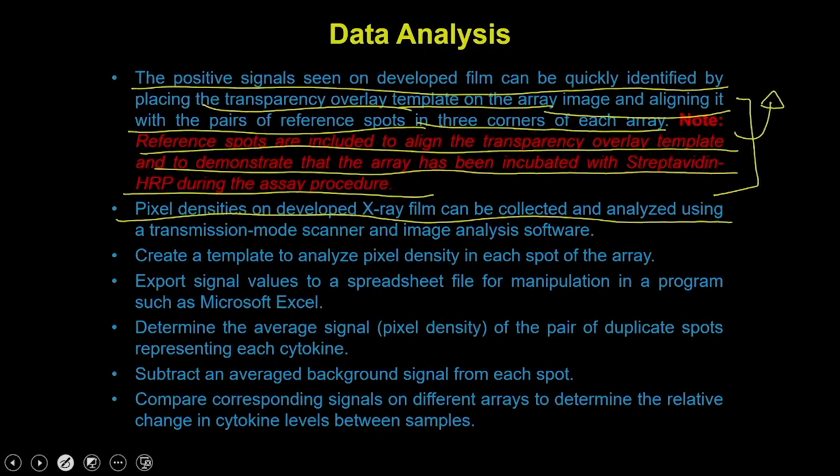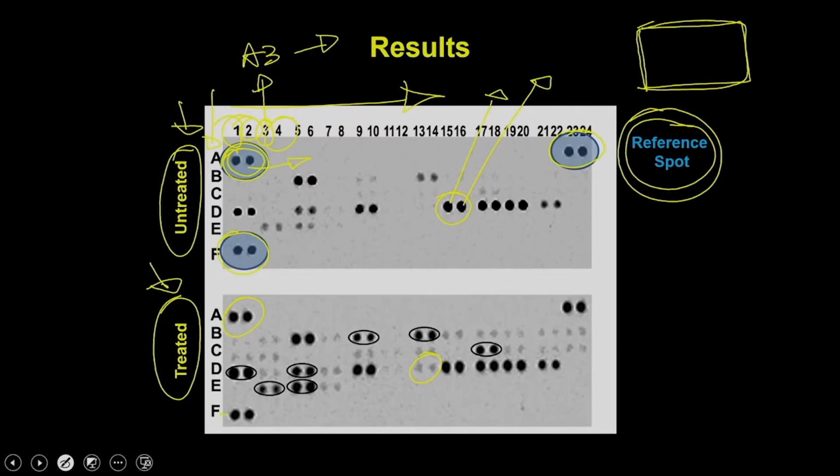For example, in this image, this signal is not present in the untreated sample, but it is very intense in the treated sample. Similarly, this signal is faint compared to this one, which is very high.